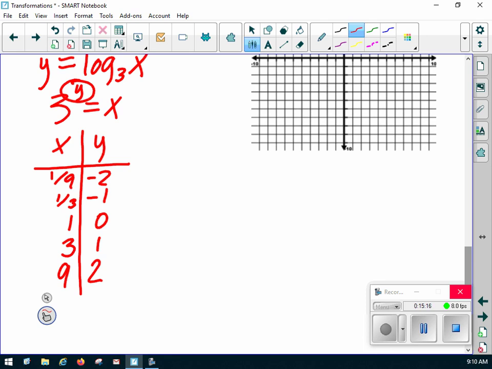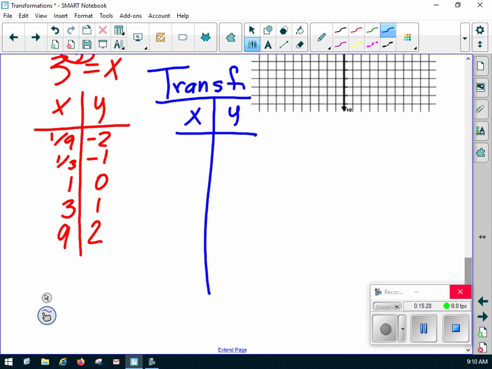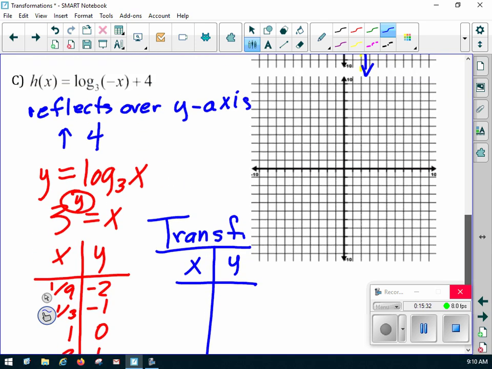And now for the transformation. You ready? Reflect over y. What changes? These are reflected over the y-axis. That went from 3,1 to negative 3,1. What changed?